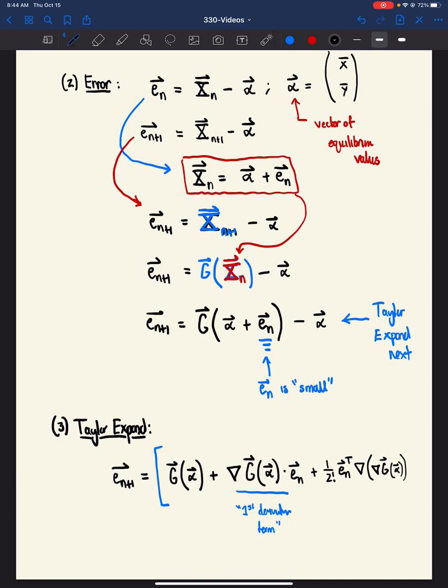But we're not done yet because we multiply that quantity onto our error vector. And we would get many more terms in the Taylor expansion. But I'll save you from those. We'll just do the plus ... But we have to remember that we get to subtract off our equilibrium point at the end.